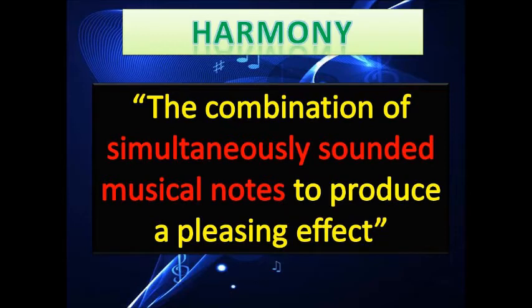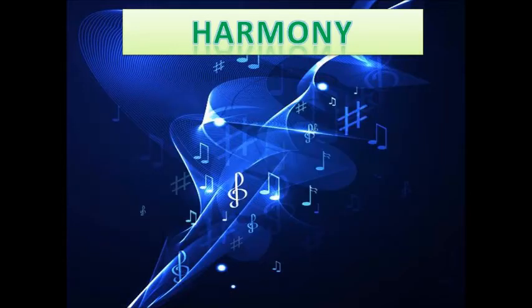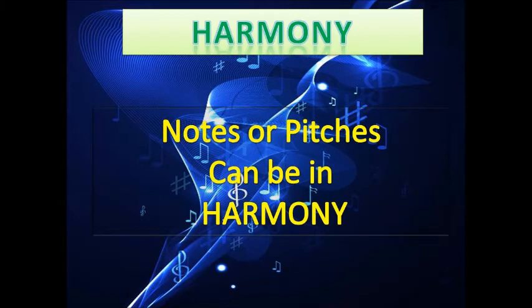This simply means that when we hear two sounds of different pitches simultaneously, and it sounds soothing to our ears, we call these pitches or notes in harmony. It means notes or pitches can be harmonized, and it can also be more than two notes. To understand it better, let's hear some sounds and listen for ourselves what it really means.